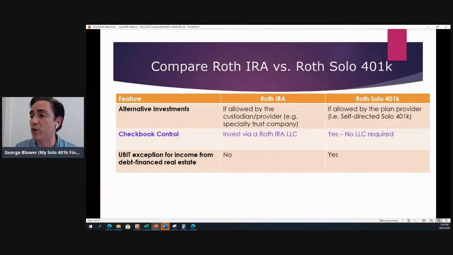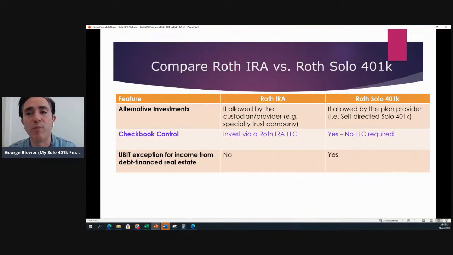Another follow-up question: can your voluntary after-tax contributions be converted to a Roth IRA outside the 401k instead of the Roth Solo 401k? Great question. Again, I would encourage you to take a look at the Mega Backdoor Roth. We go very much in depth in videos and information on our website.